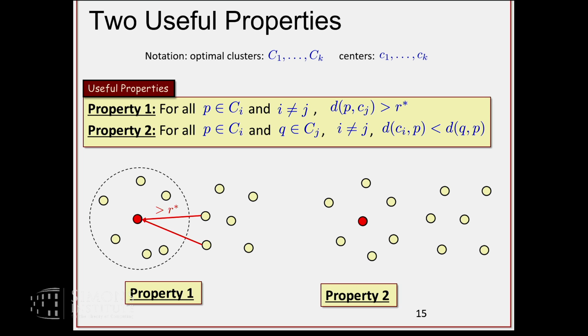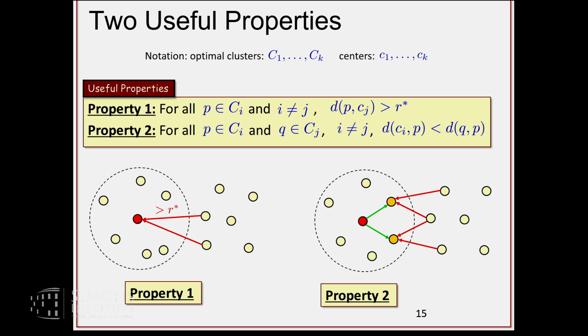Now the second property says that for any point, the distance from the center to that point is smaller than the distance from any point outside the cluster to that point. The distance from anything outside the cluster to that point is larger, and that's true of all the points.